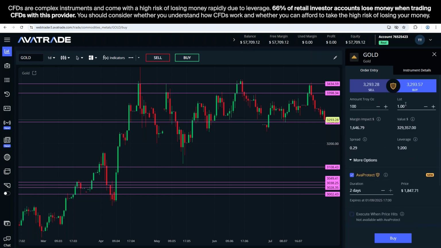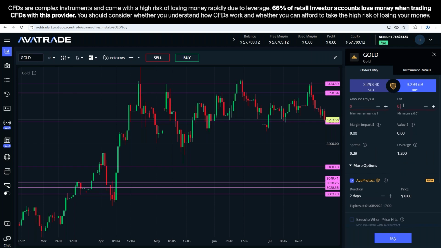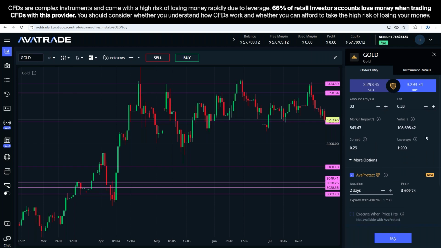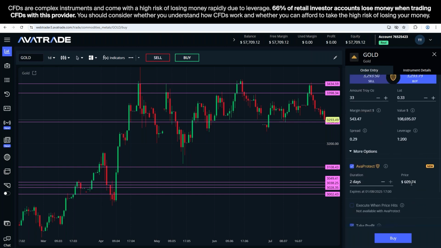So then I would need a smaller trade size with this setup. So if I do 1/3 of a lot, I'm risking just over 600, which is just a hair over 1% of my balance. So I'll move this down to 0.3, and now I'm just under 1% risk. So 0.31, and that zeroed in on it pretty well. So 572 costs for 2 days protection.